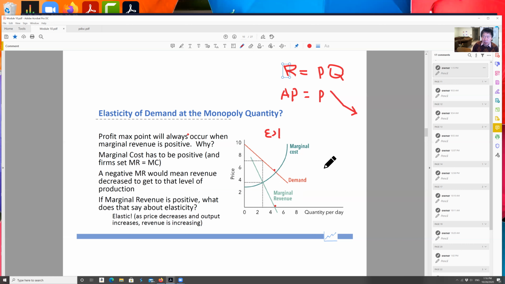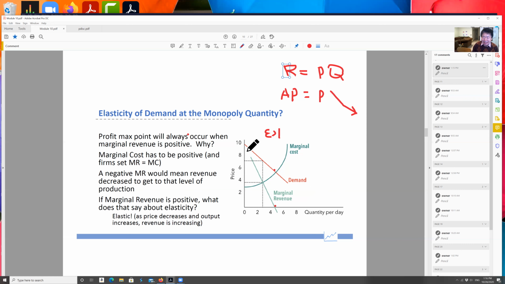Now, how do you choose the optimal rate of output? Well, it's very simple. From the demand curve, you derive marginal revenue curve, okay? If the demand curve were linear, that's even simpler. This marginal revenue would be half of the demand curve.